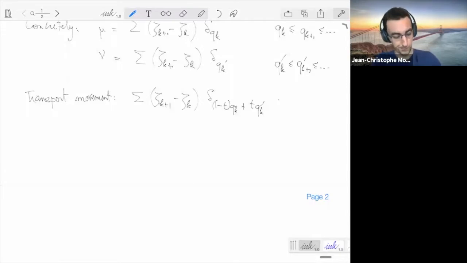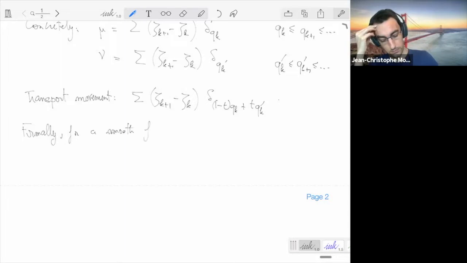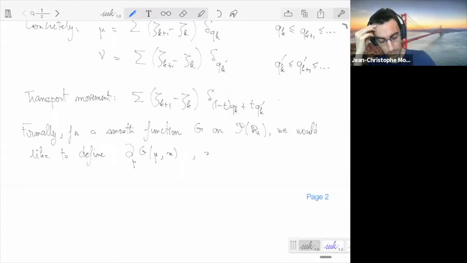So let's say formally, for a smooth function G on the space of measures, we would like to define this derivative ∂μG(μ, x), with x in the support of μ.